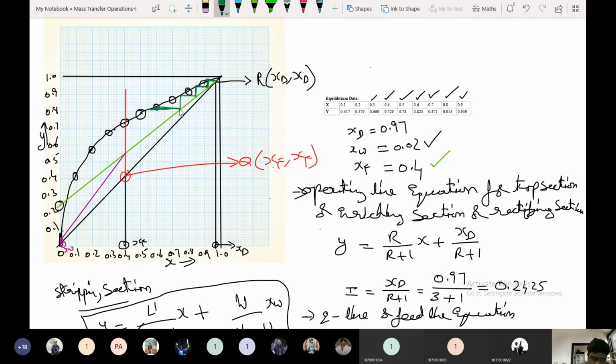It should come as straight lines. Then whatever point it is touching on the operating line, you have to project that with a straight line. So you can project like this.